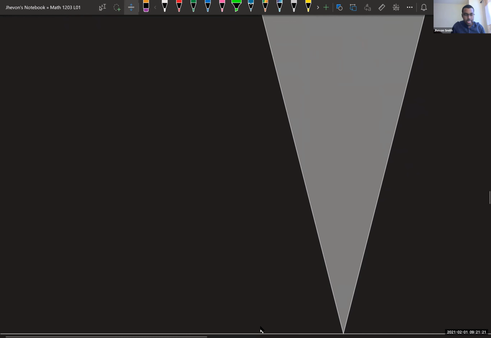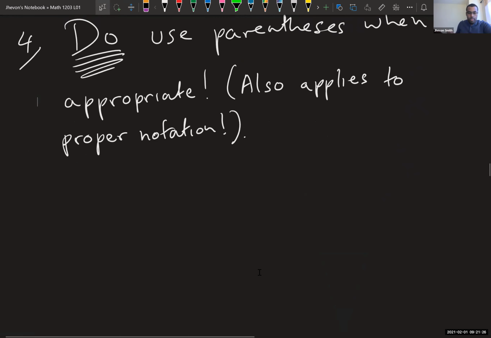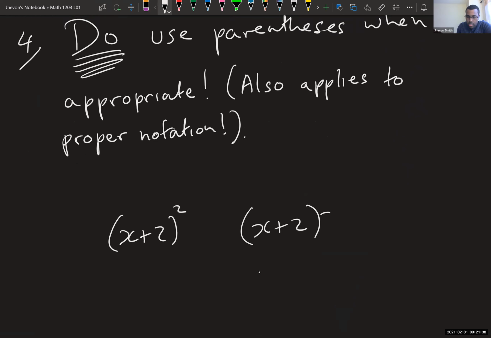I've seen all sorts of things happen on tests. So for example, sometimes, so we spoke about what this means, right? And how that would be interpreted. I've actually seen situations where a student just very sloppily wrote this, right? So they meant to write the power 2.